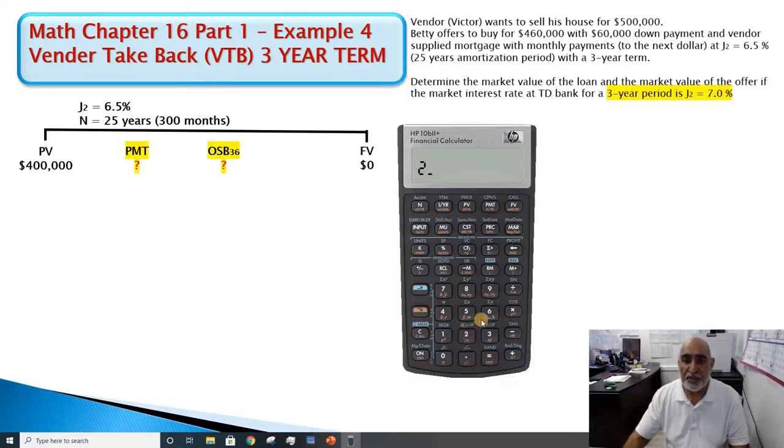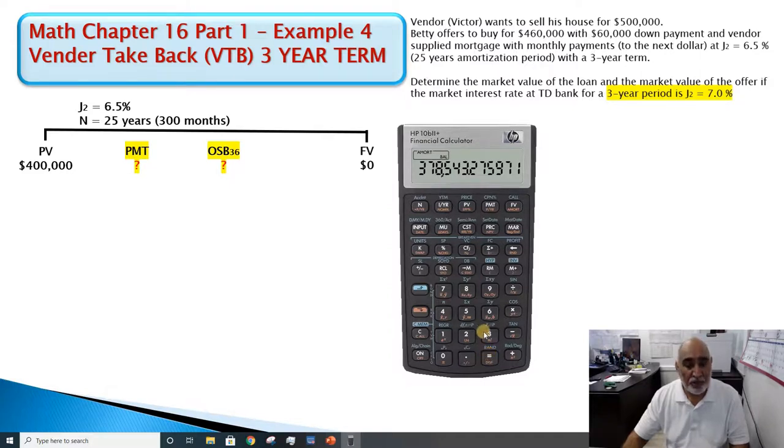26.80, negative payment. And we're looking for OSB 36: 1 input, 36 second amort. This will give us the information about the first 36 payments. There's our balance, 378.